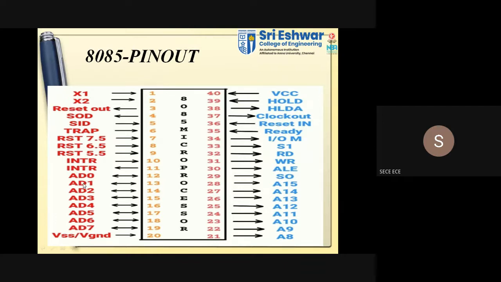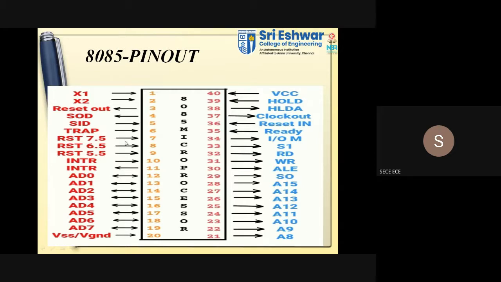Not only data and address, we can also use that pin for separating other applications, but basically it separates address and data only. That is why ALE, address latch enable, is given. So the pin diagram is a 40 pin IC in a dual inline package. You have pins on two sides, some bidirectional and some unidirectional.